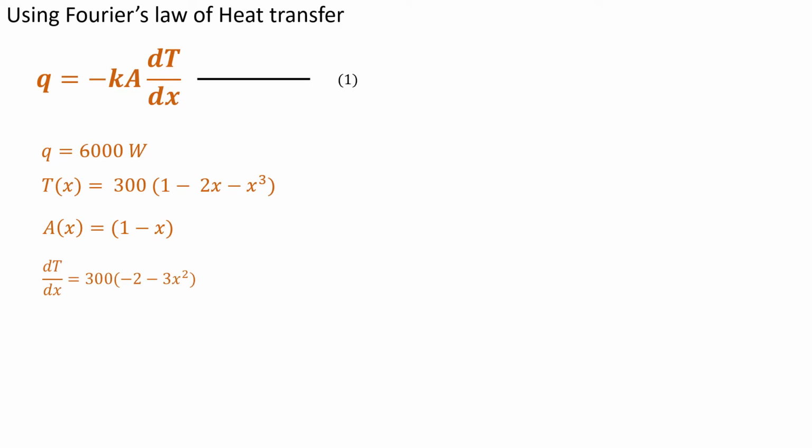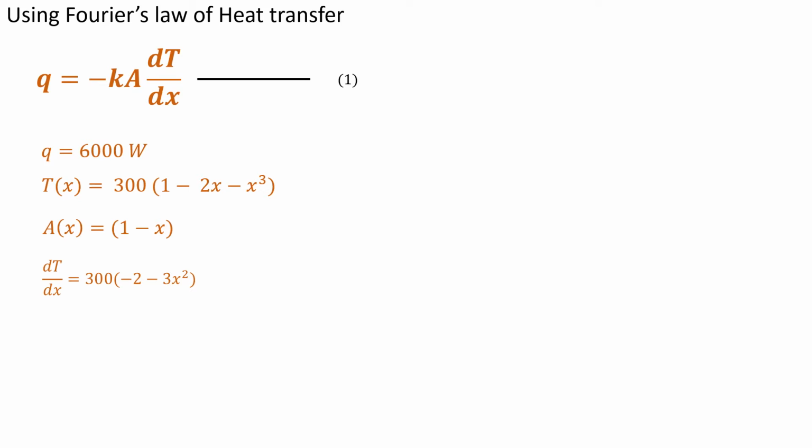We can find the value of dT by dx, that is temperature gradient in x direction, by differentiating the temperature with respect to x, and we have dT by dx is equal to 300(minus 2 minus 3x square). We have the value of q, we have the value of area in terms of x, and we have temperature gradient in x direction in terms of x.